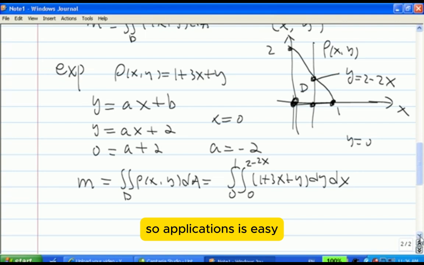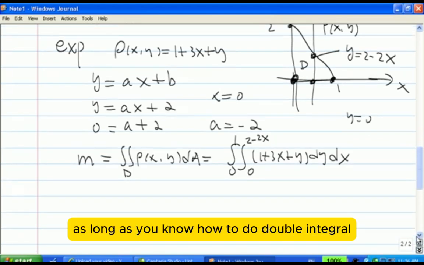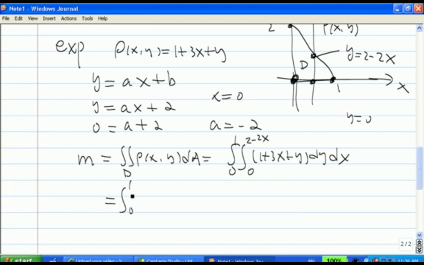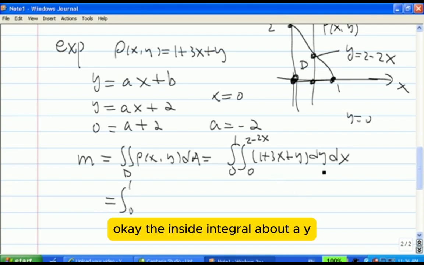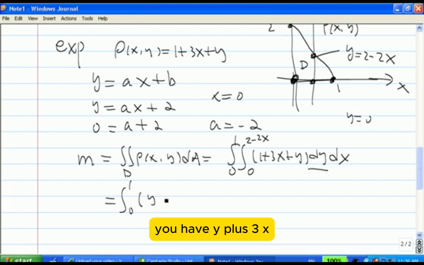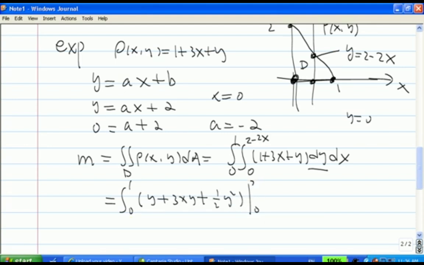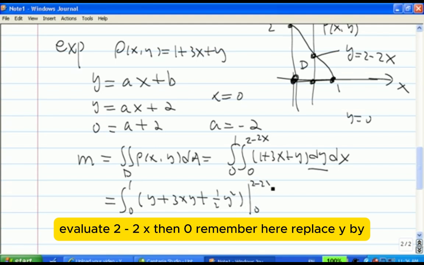Applications are easy. As long as you know how to do double integrals, you just plug in the formulas. For the inside integral about y, treat x as a constant. You have y plus 3xy plus 1/2 y squared, evaluated from 0 to 2 minus 2x.